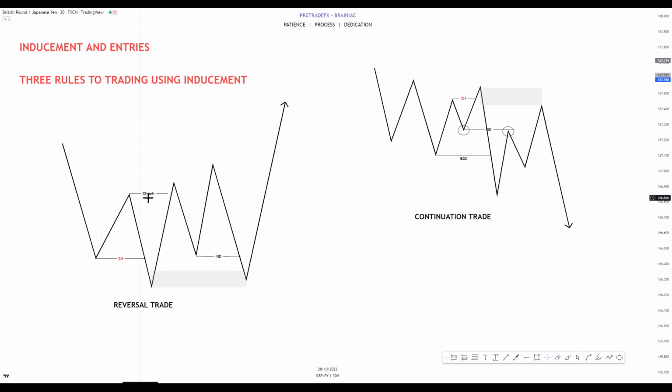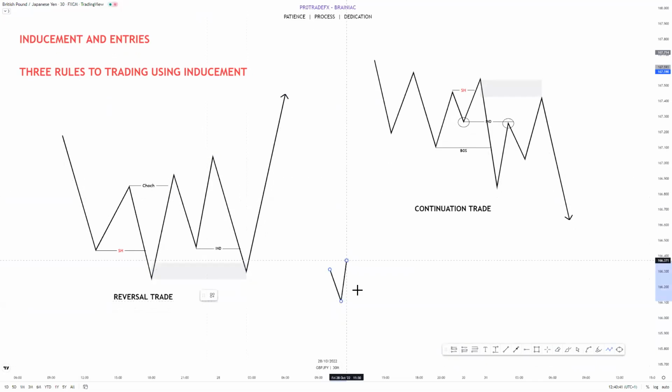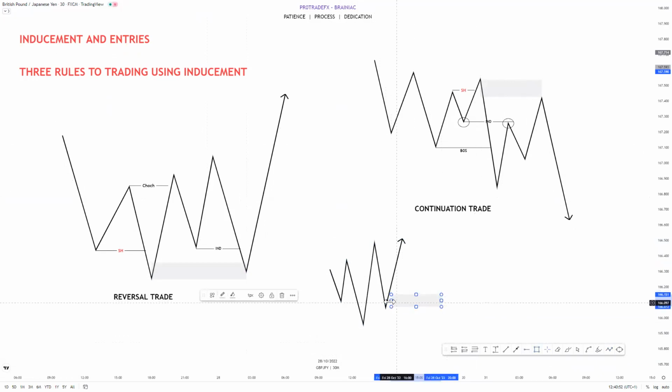If they are looking for a change of character, they ideally want to get involved in the leg that led to that break of structure. If the market is trading lower and we see a change of character to the upside and the market starts to trade higher, a lot of traders want to get involved in the order block that led to the recent break of structure to the upside.